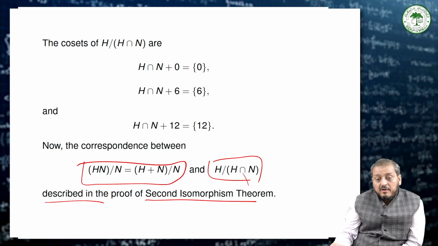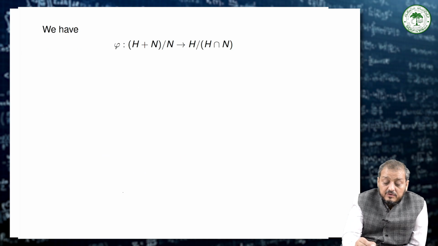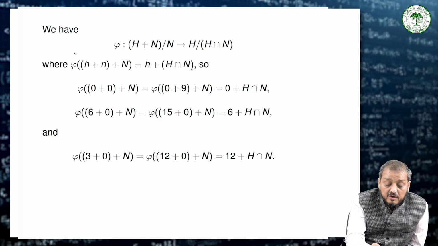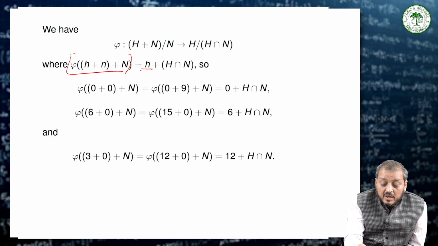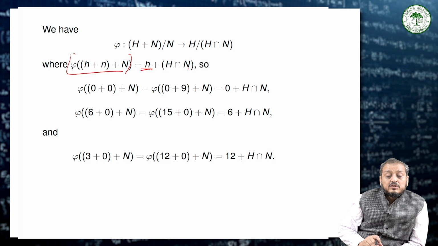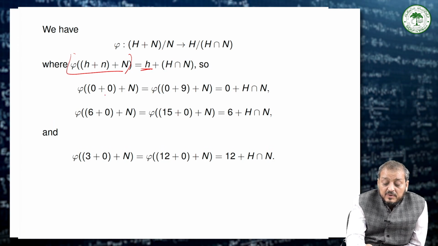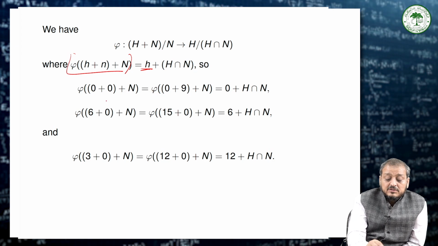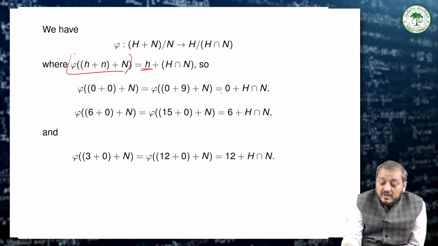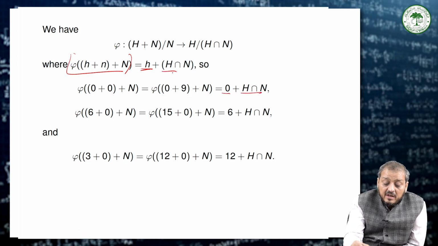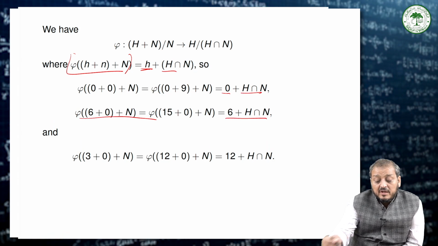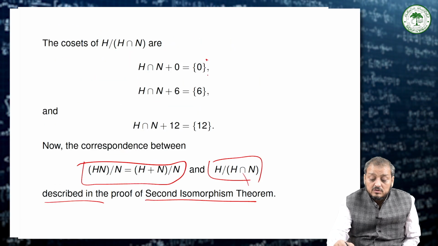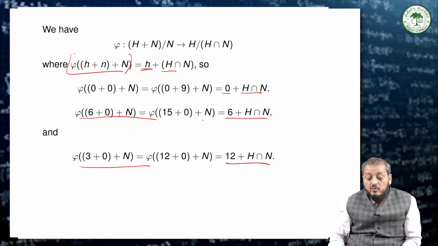We have to define a bijective map phi from H plus N to H over H intersection N, where phi of (h plus N) is equal to h plus H intersection N. So we take 0 plus N, and 0 plus 9 plus N is the same, equal to 0 plus H intersection N. Similarly the second one is 6 plus H intersection N, and the third one is 12 plus H intersection N. So we are getting 0, 6 and 12.